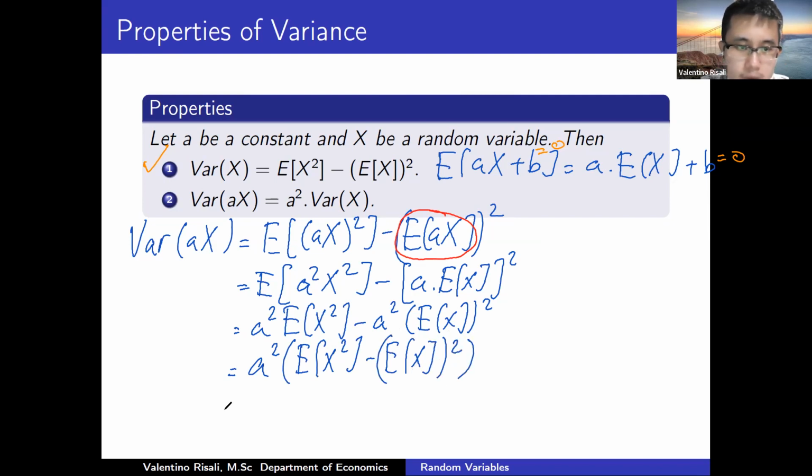And finally, the variance of aX is equal to a squared times variance of X. Yeah, this is the explanation about the second property.